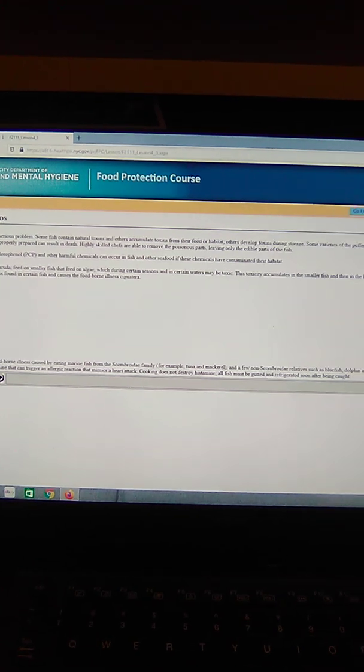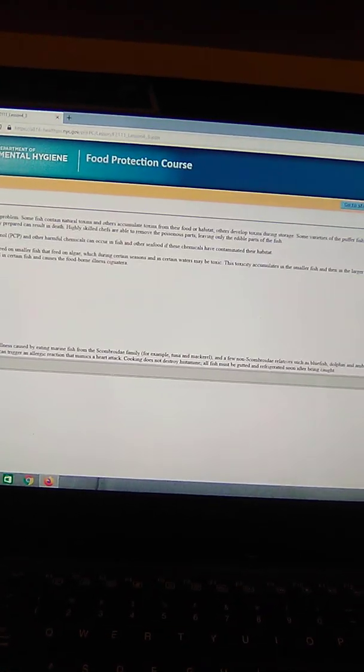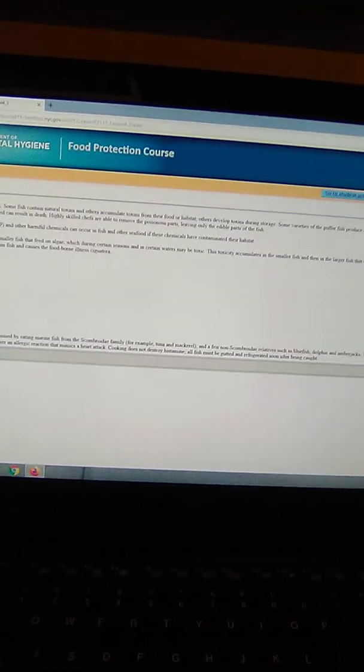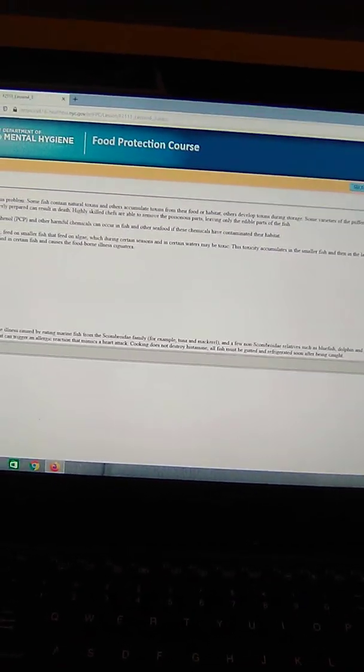Health hazards again. Toxins in certain fish can also be a serious problem. Some fish contain natural toxins and others accumulate toxins from their food or habitat. Others develop toxins during storage.